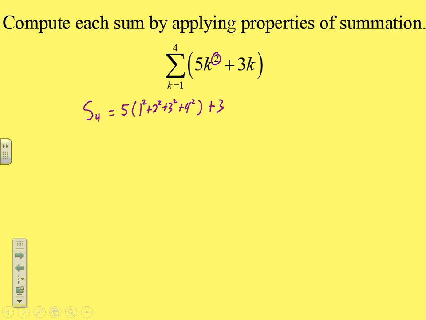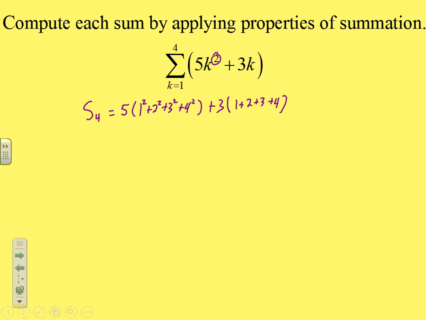Again, using that second property, that 3 essentially is going to get multiplied to the 1, the 2, the 3, and the 4. That means we could distribute that out like the second property says, and I can just put 1 plus 2 plus 3 plus 4 inside the parentheses.